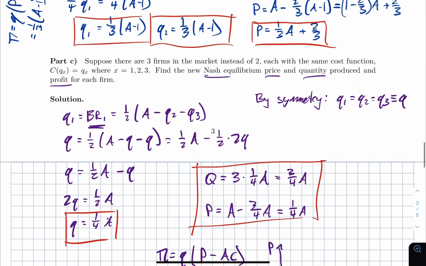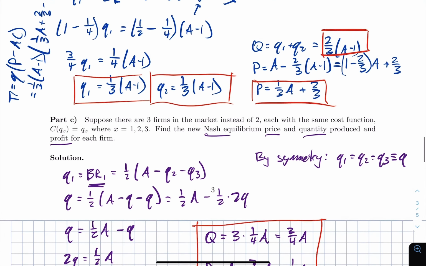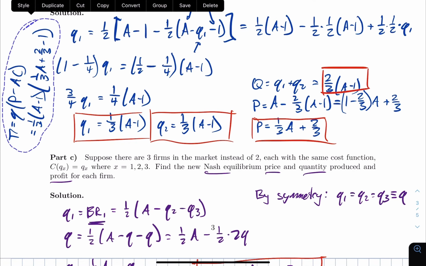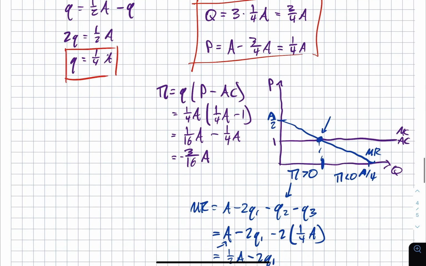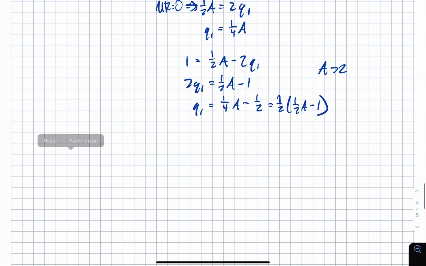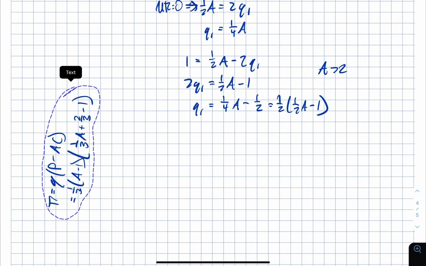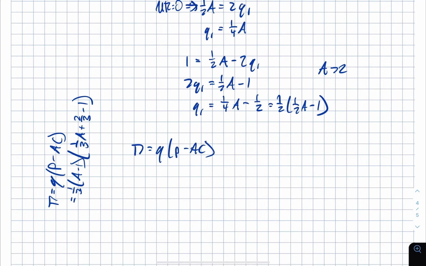So something still looks a little funny to me. Maybe the next thing we'll do is check this. Let's copy this down. Let's write this out correctly, or right side up. So we have Q times P minus AC.